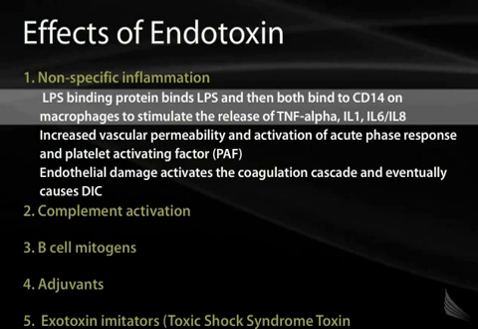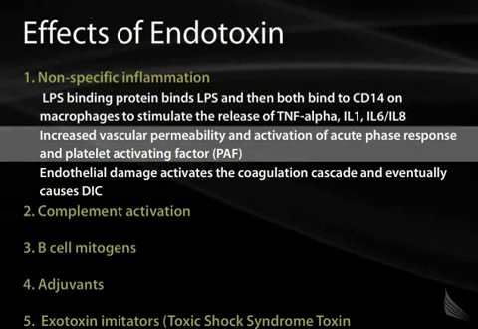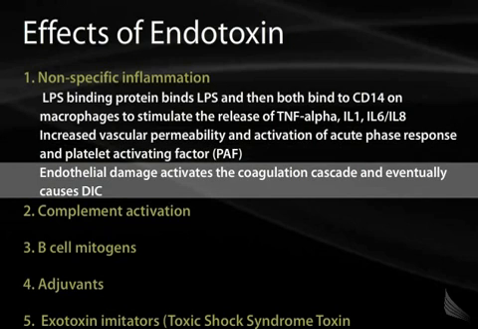What the macrophages' released products do is they increase vascular permeability, and they activate acute phase response proteins and platelet activating factor. This then causes endothelial damage, and that activates the coagulation cascade and can cause DIC, or diffuse intravascular coagulation.